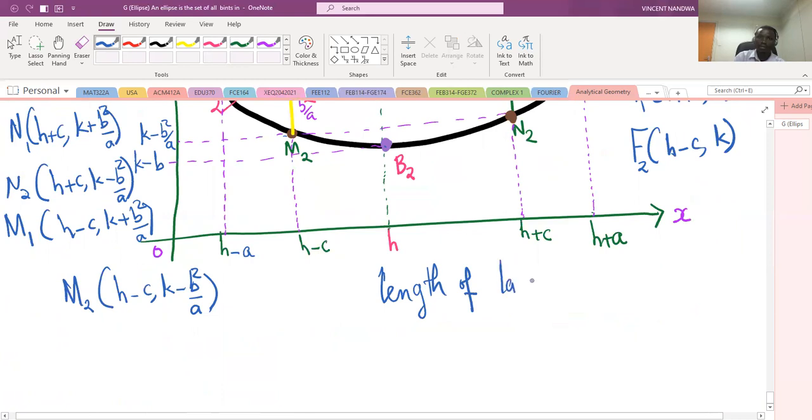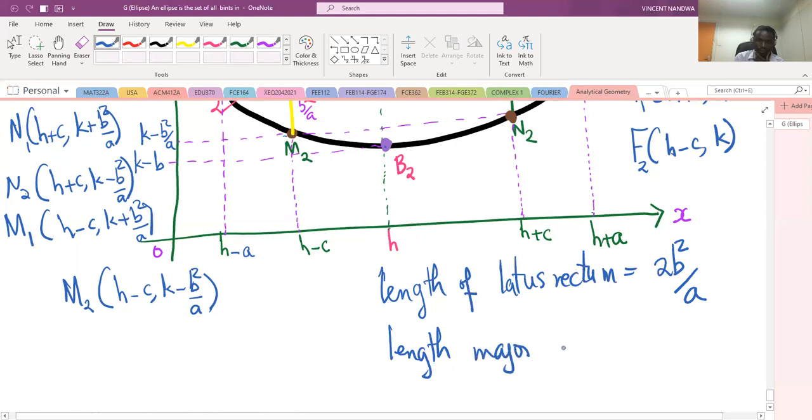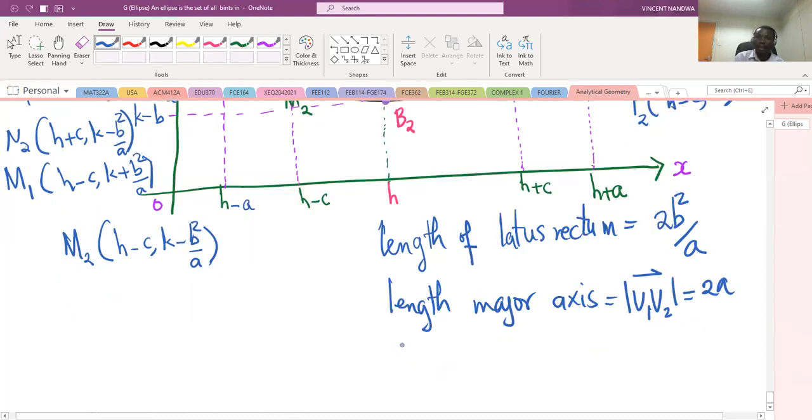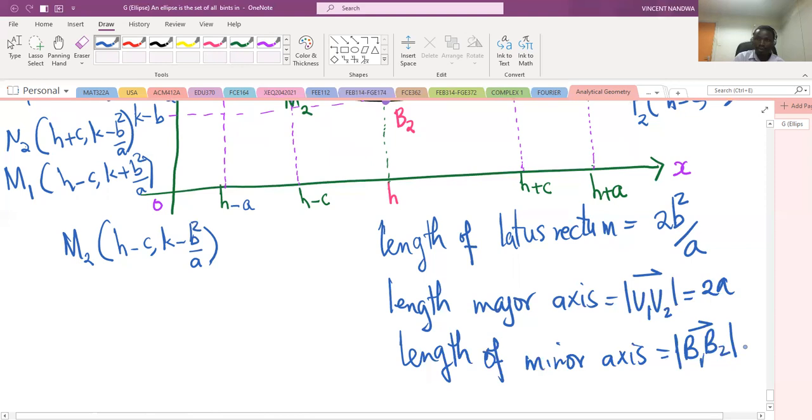The length of the major axis remains the distance from V1 to V2, which is 2a units, and the length of the minor axis remains the distance between the endpoints of the co-vertices, B1, B2, which is 2b.